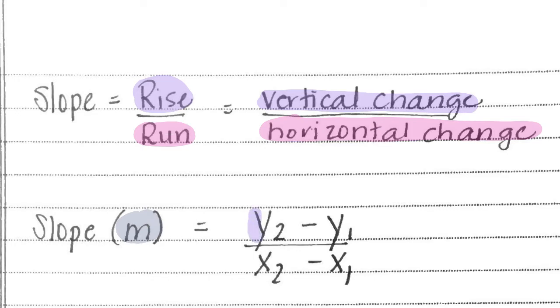My rise is going to be y₂ minus y₁. So what this means is the second y point, since you're going to be given 2 points, minus the first y point given. That was pretty confusing. Let's just put it into play. Over the horizontal change, which is the run, is going to be x₂ minus x₁.